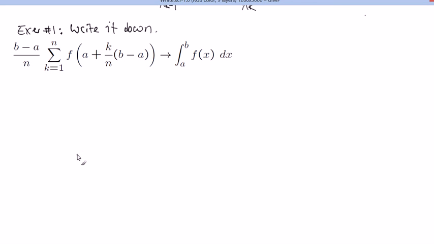All right? And what does this arrow mean? As n approaches infinity. Once you have this formula ready and simplified, and send n to infinity, if it goes to 5, that's your answer, the definite integral being 5. Any question?